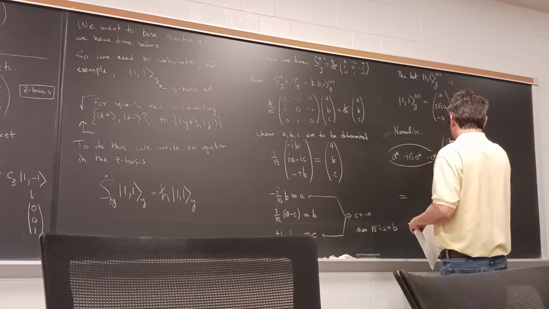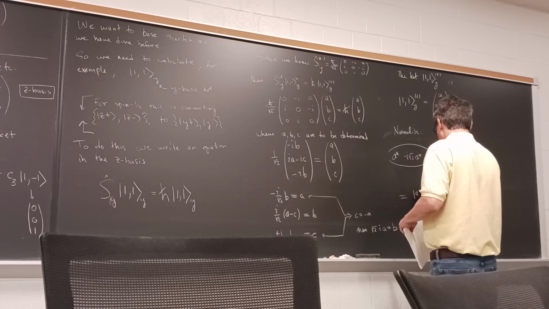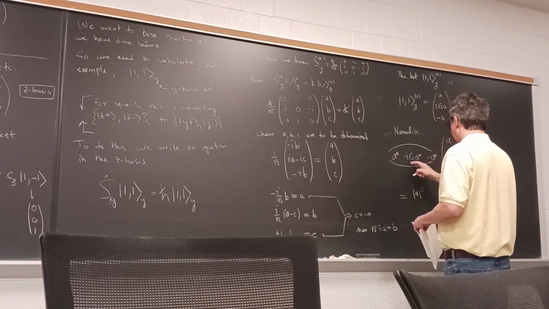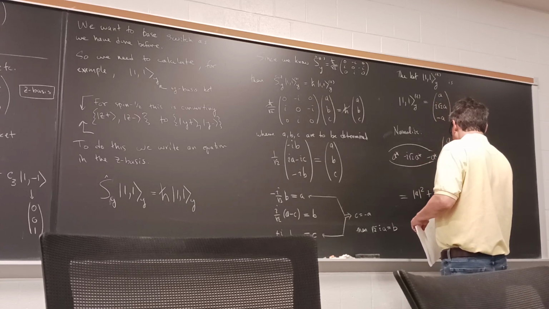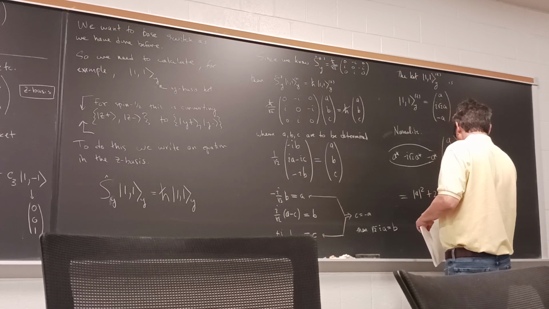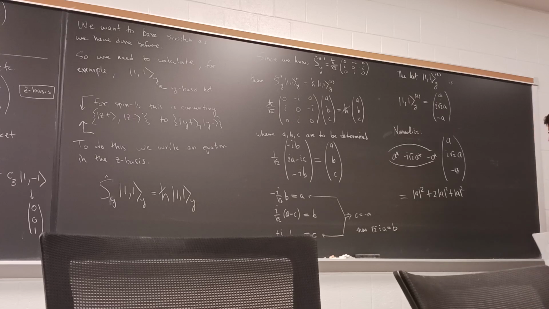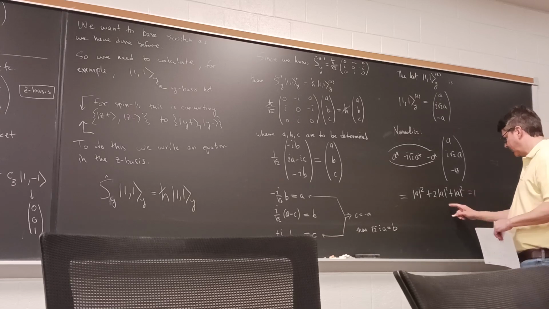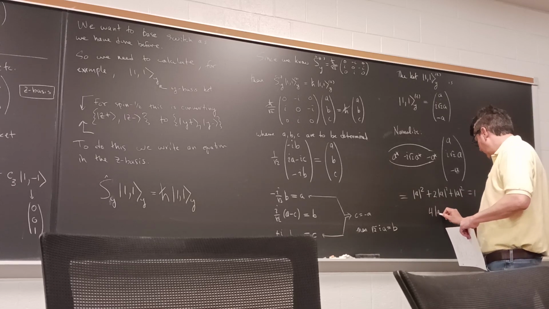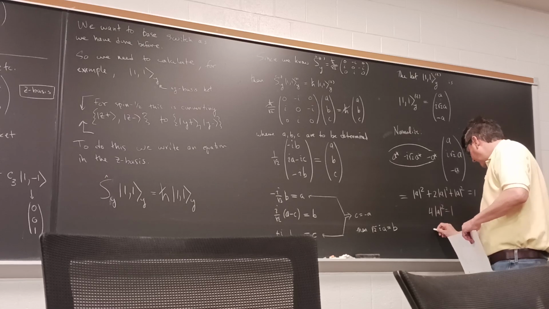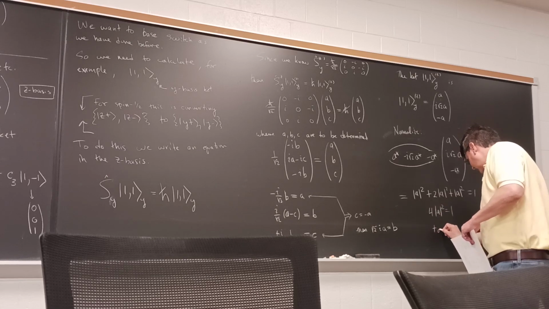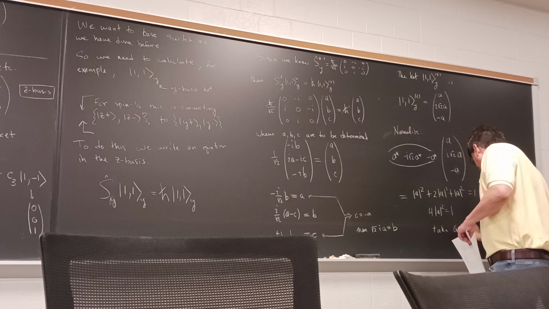And this would give us magnitude of A squared, plus 2 magnitude of A squared, and then plus magnitude of A squared. And we want this to be 1. So we have here 4 magnitude A squared equals 1. So take A to be 1/2.